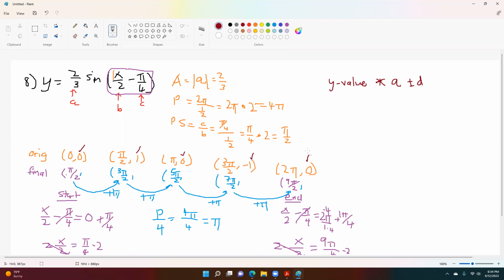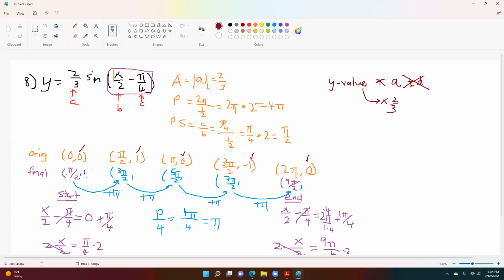A in this case is 2/3, so we will need to multiply all your y values by 2/3. The good news is we don't have a d because we don't add anything here. So we do not need to do anything with d. We just literally need to take all these y values and multiply with 2/3.